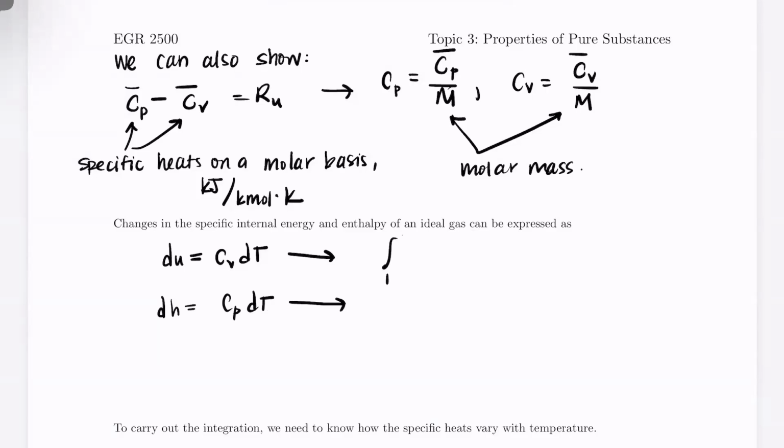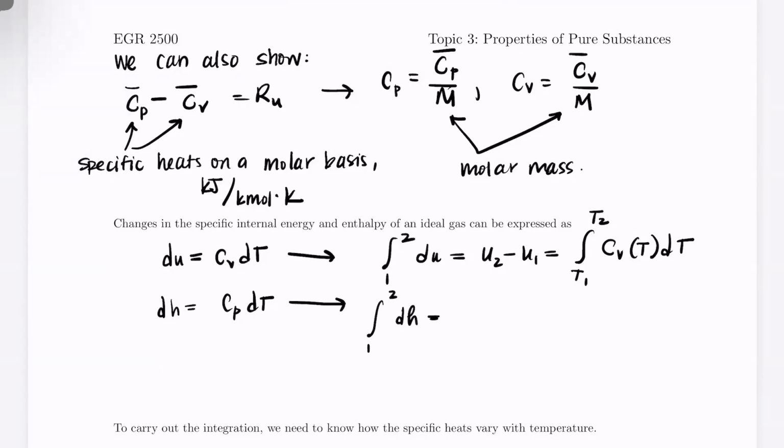We'd integrate from state 1 to state 2 of du, which gives us u2 minus u1. The right-hand side of this equation is the integral from T1 to T2 of Cv dT, noting that Cv is a function of temperature. We can write the same sort of thing for enthalpy. We integrate from state 1 to state 2: dh gives h2 minus h1, equal to the integral from T1 to T2 of Cp, which is also a function of temperature, dT.